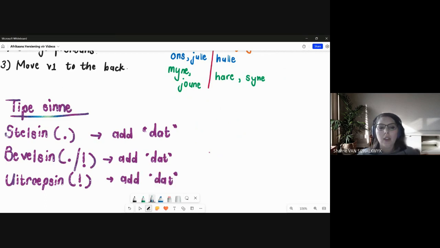How do we know that we are busy with an exclamation? There will most likely be an interjection, a tussenverbsel. We will look at that in a bit. That's like ouch, yay, yo, wow. Those are interjections. Apart from adding dat, we have to paraphrase an interjection when we go from direct to indirect. We will look at that in a bit because that's a topic on its own.